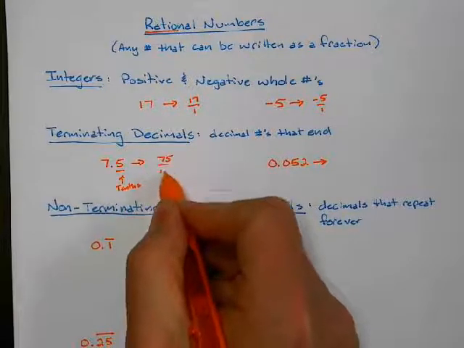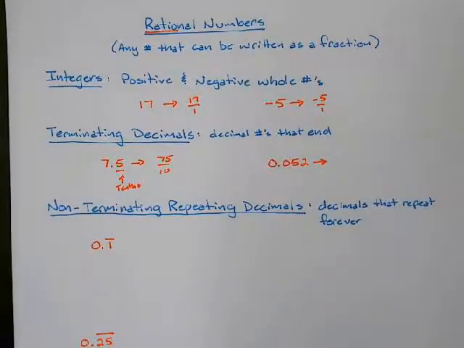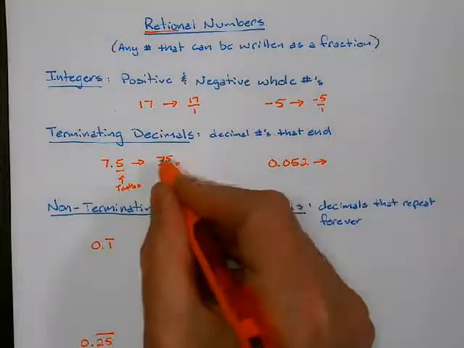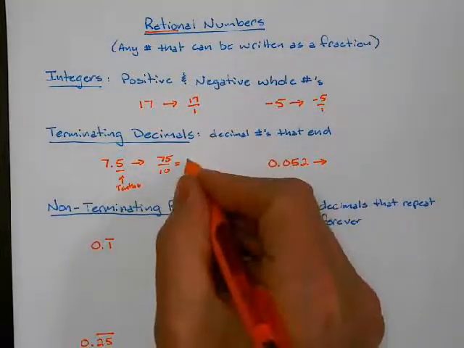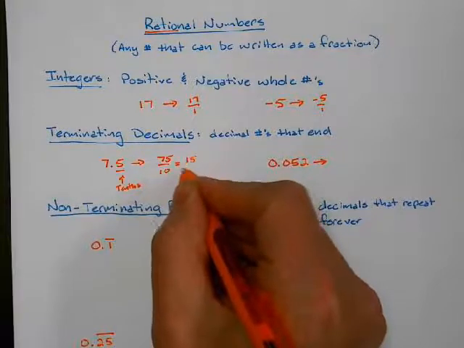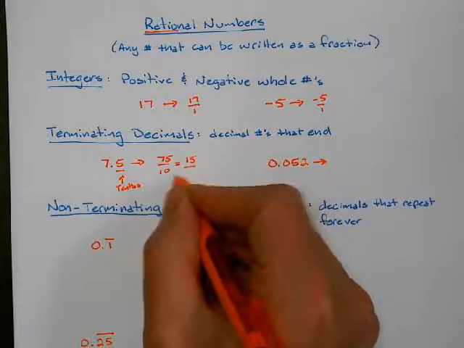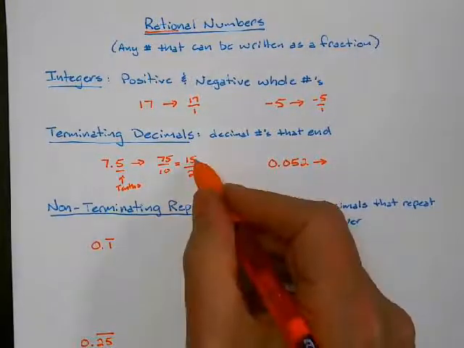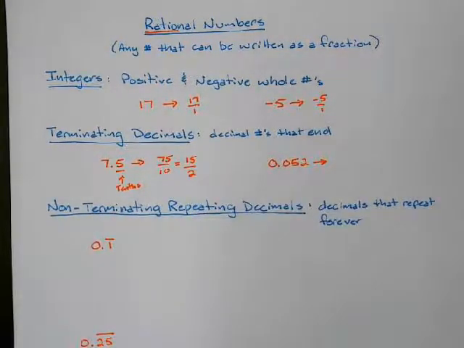Then we can reduce that. It looks like 5 would go into both of those. 5 goes into 75 15 times, yep, and 5 goes into 10 2 times. So 7.5 we can write as 15 over 2.